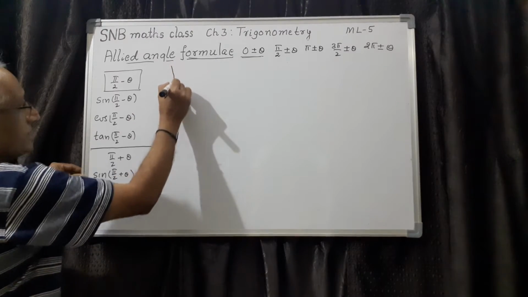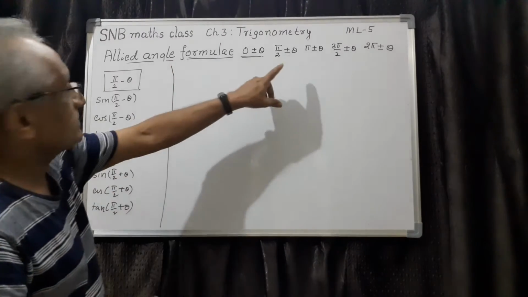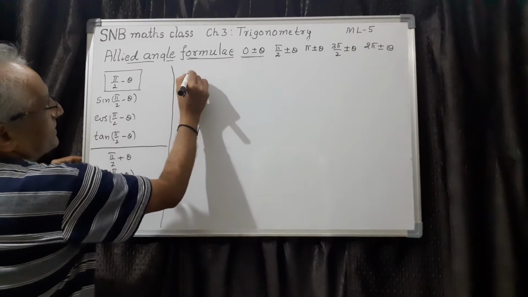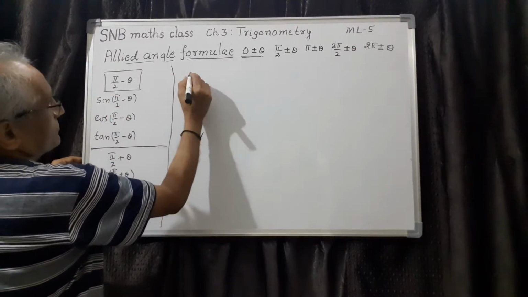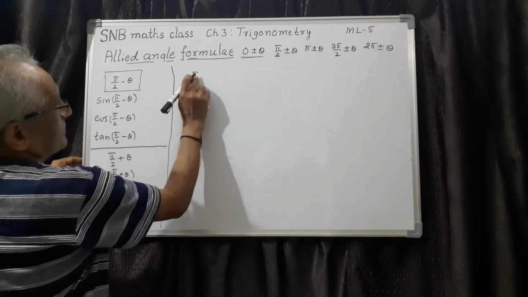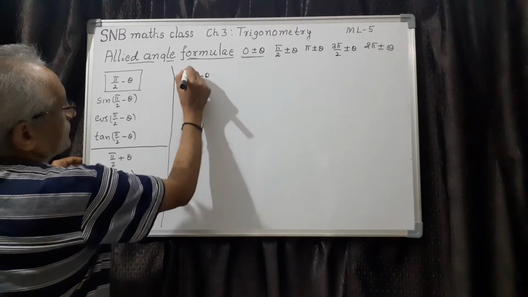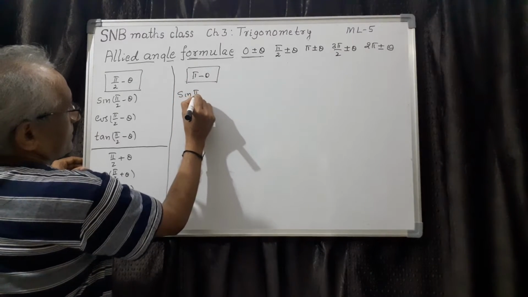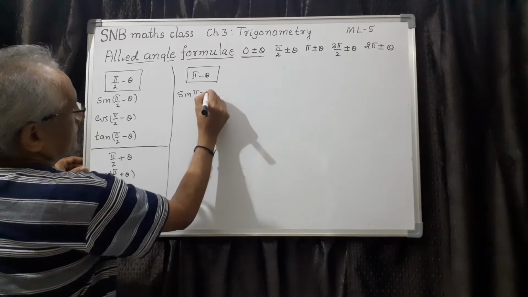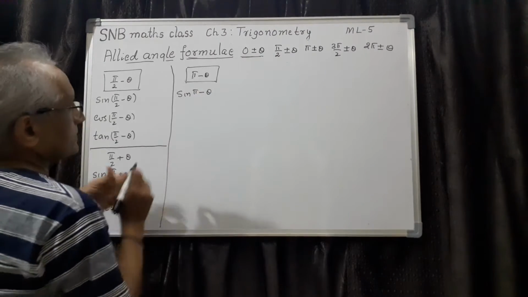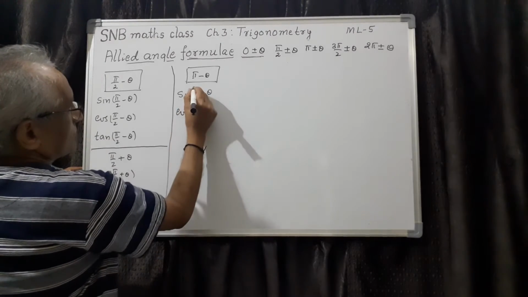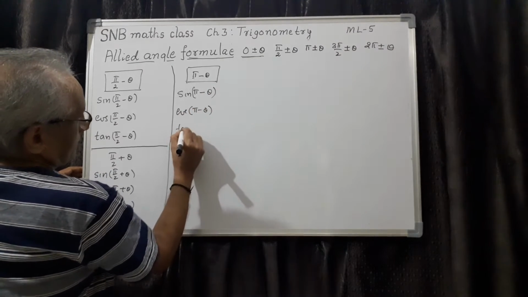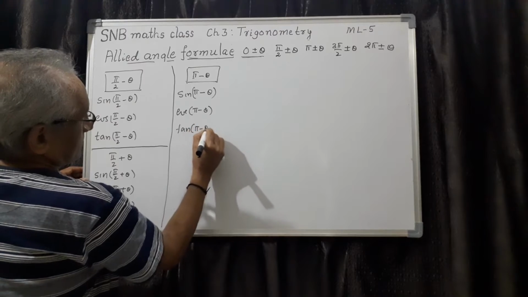Now let me take the next one. Pi by 2 is over. Then I will take pi. The first one is pi minus theta, we will take first. So let me take sine of pi minus theta, then cos of pi minus theta, tan of pi minus theta.